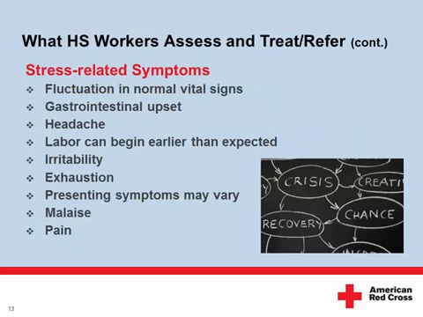In the next slide, we talk about what other things you might be seeing. Think about the training you already have had in your curriculum on stress-related symptoms. In a disaster shelter, these same things can occur. You may have stress-related symptoms that are changes in vital signs, GI upsets, headaches. Labor can begin earlier than expected.